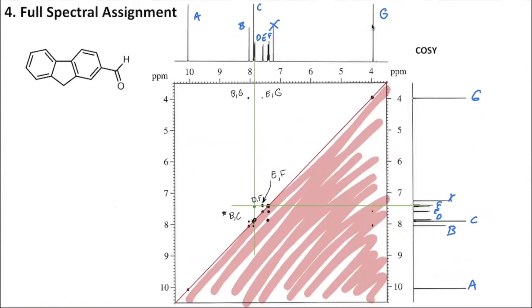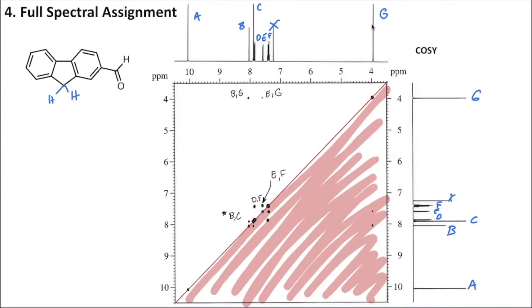Now that we've confirmed to the best of our ability those cross peaks, we can think about what they might mean to one another in space. Specifically thinking about G, we said already that G was probably these two protons right here.